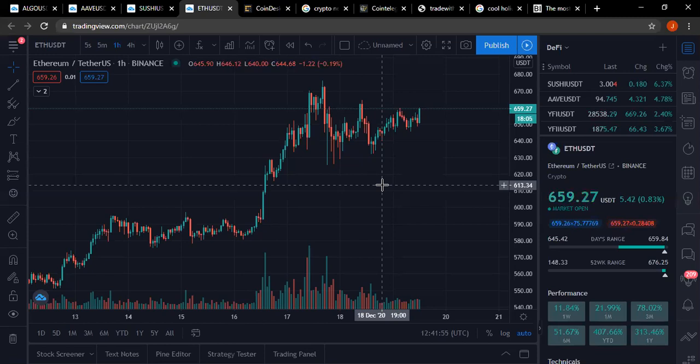Oftentimes when we started off with trading, we traded only fundamentals, and as you all know, you're going to lose a lot of money trading off fundamentals. If fundamentals prove to be true, then it has to reflect on the charts. If they're buying, you have to see a series of green candles. If they are selling, you have to see a series of red candles.